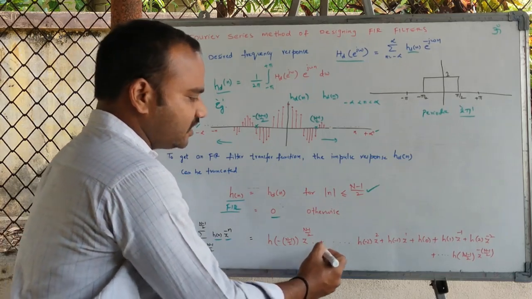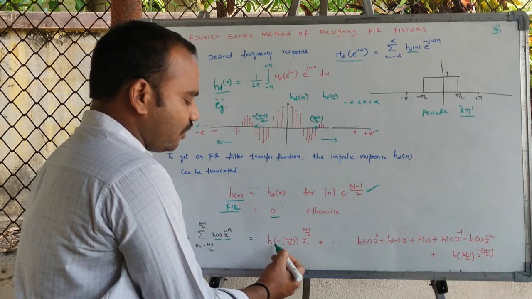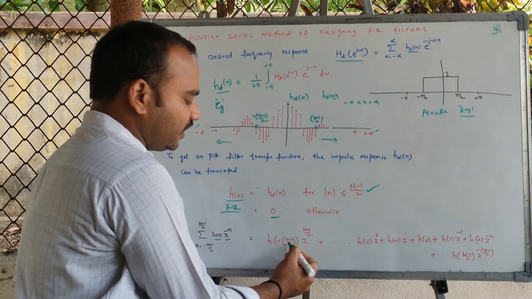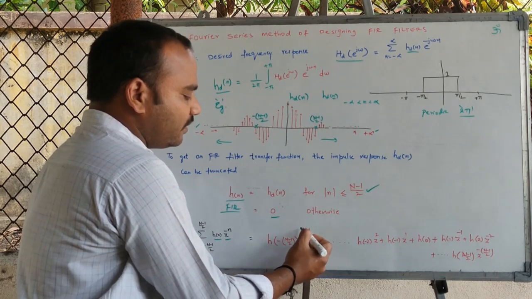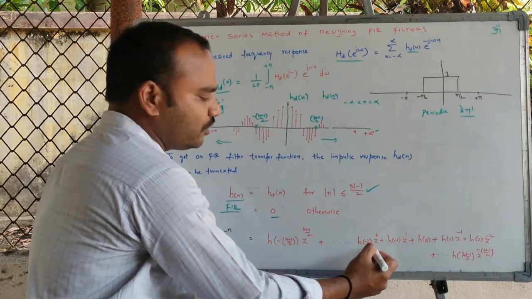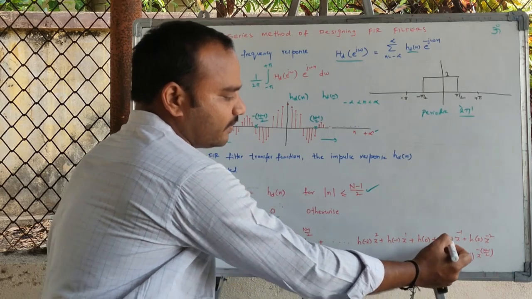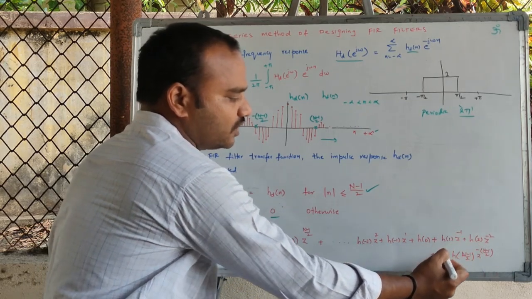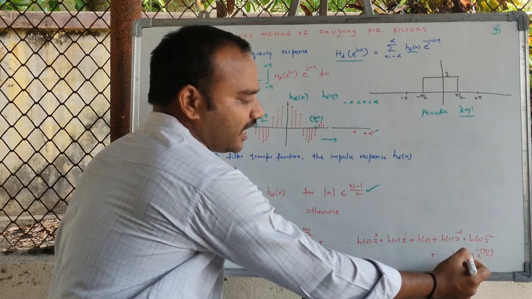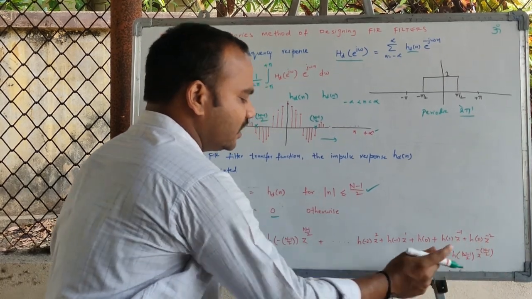If we expand this summation, it will be h of minus N minus 1 by 2 z power plus N minus 1 by 2, plus so on up to h of minus 1 z power 1, plus h of 0, plus h of 1 z power minus 1, and so on up to h of N minus 1 by 2 z power minus N minus 1 by 2.